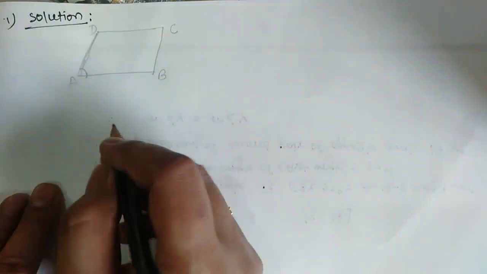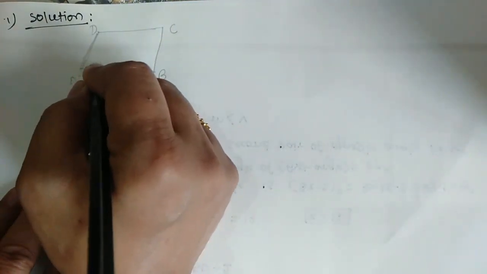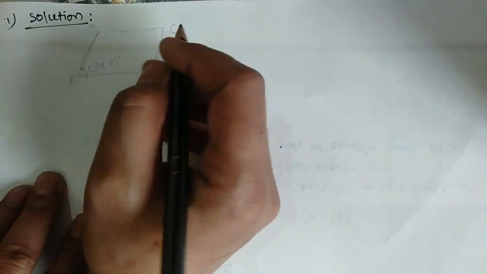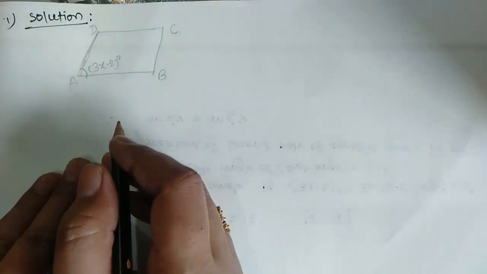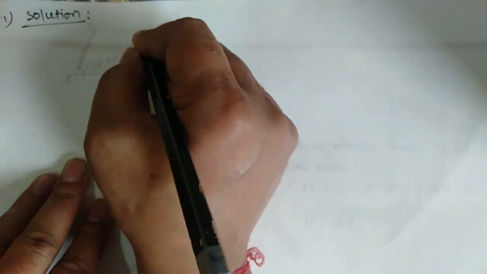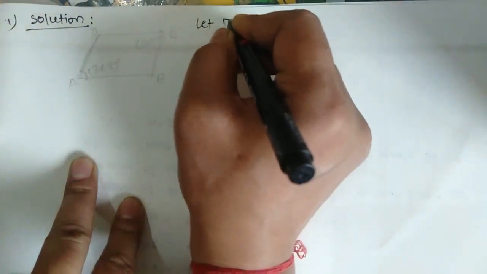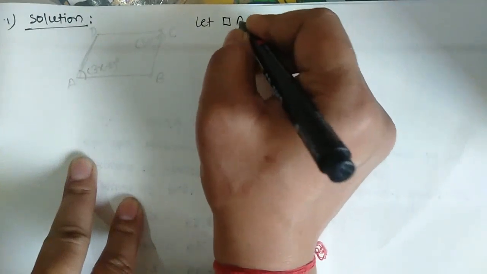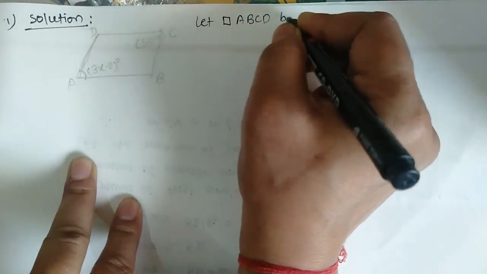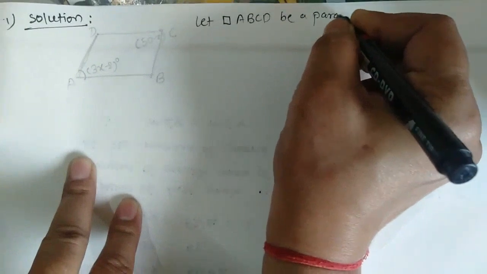So the measurement of angle A is 3x minus 2 degree and measurement of the other angle is 50 minus x degree. Okay. So write down, let quadrilateral ABCD be a parallelogram.